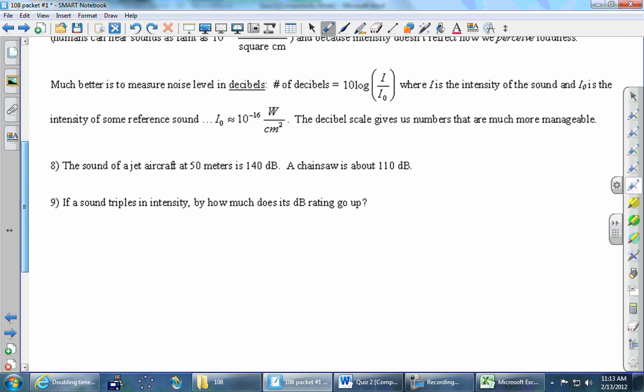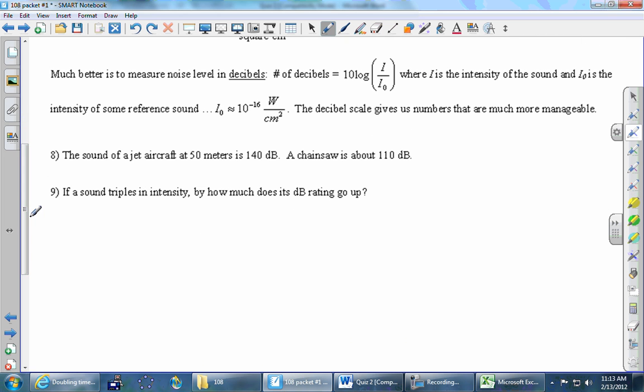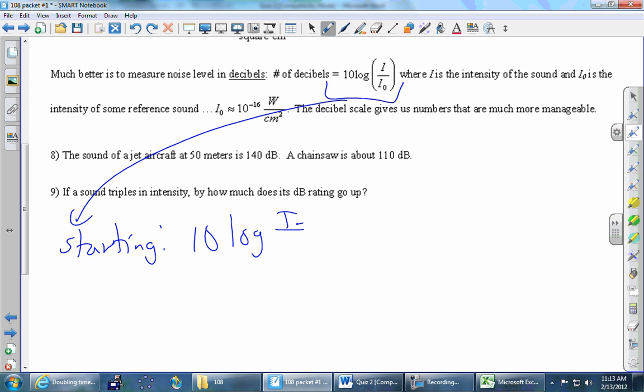Okay, so let's give this a shot. So here's the magic formula. We're going to say the starting value, or the initial decibel rating, is going to be 10 log of I over I0. That's some starting sound with an intensity of I. And then we're going to make it triple.